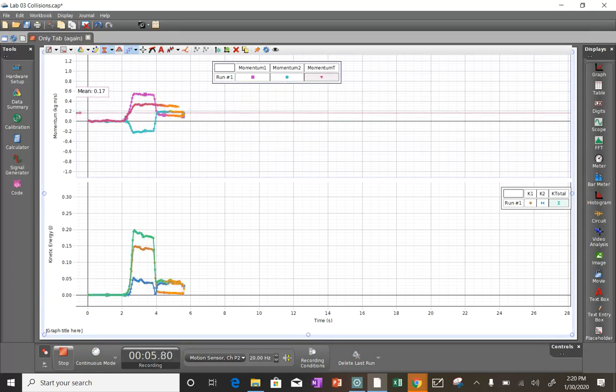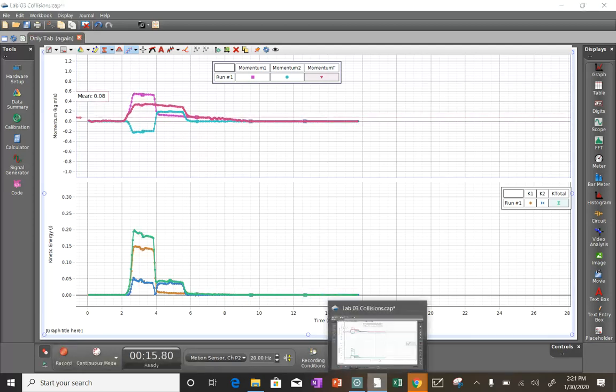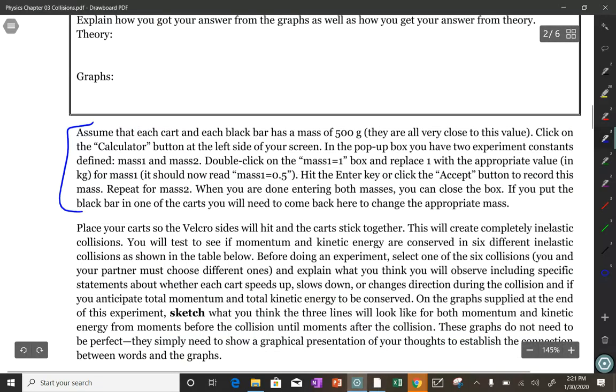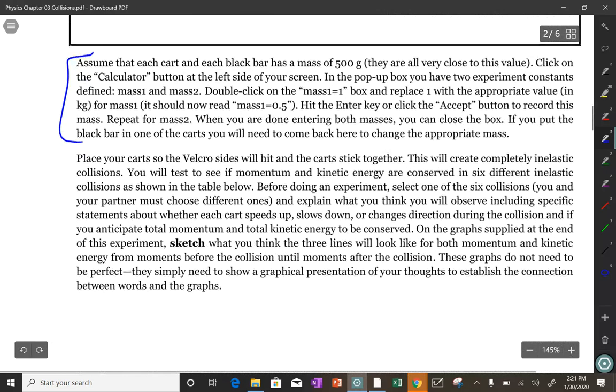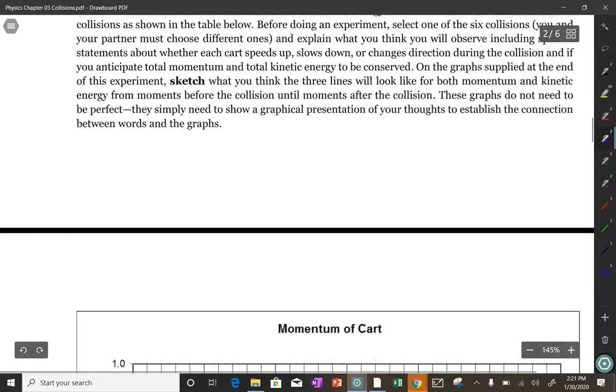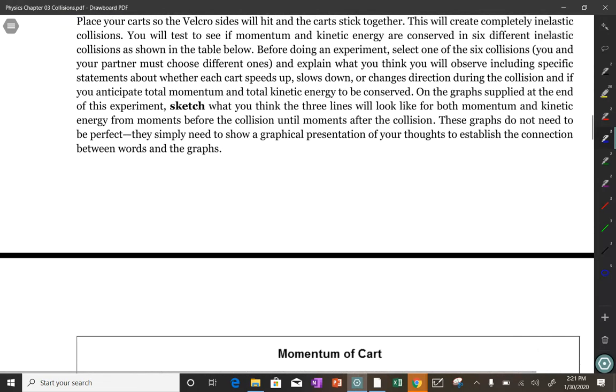Okay. First thing we had a problem was we were going too fast total. They bounced off each other and didn't stick. We had the Velcro set, so they should have stuck. Second problem is I didn't pay attention to which type it was supposed to be. Is it supposed to be sticking or not sticking?